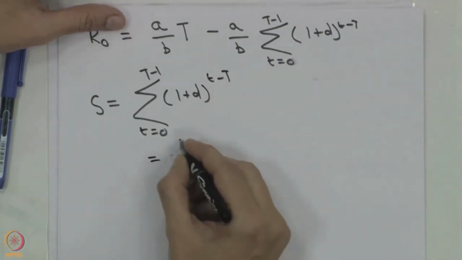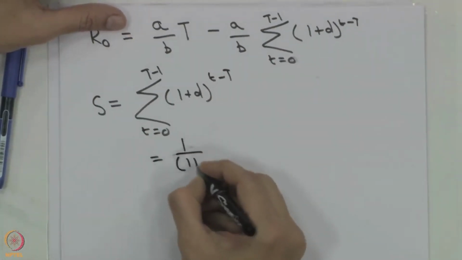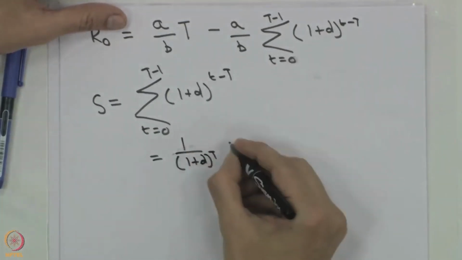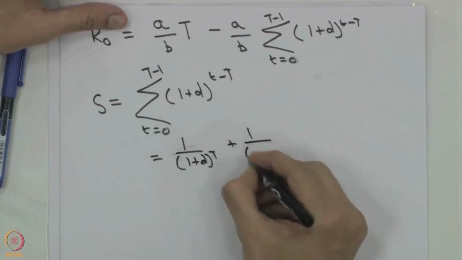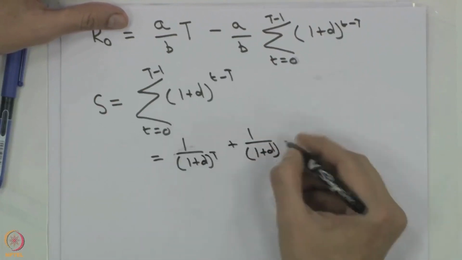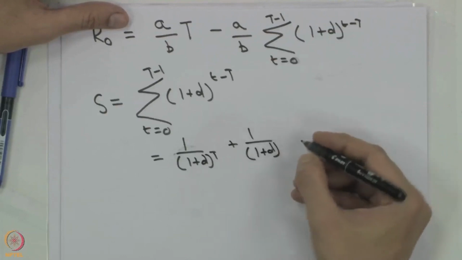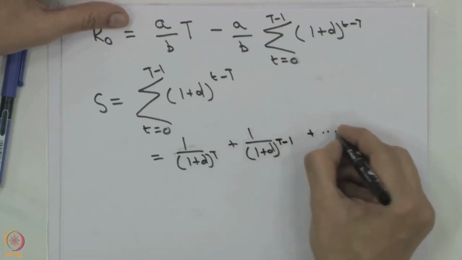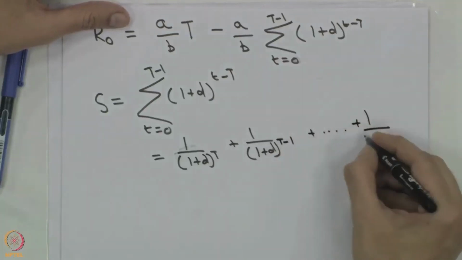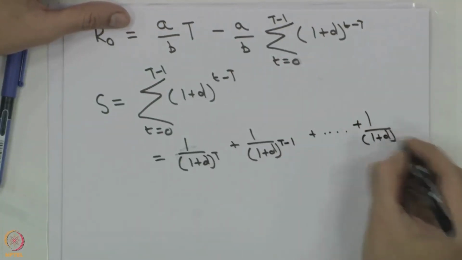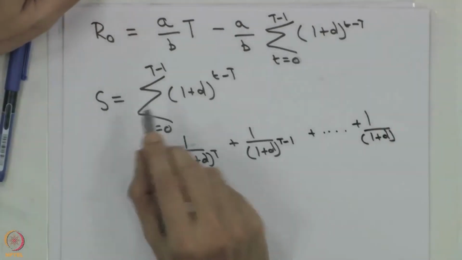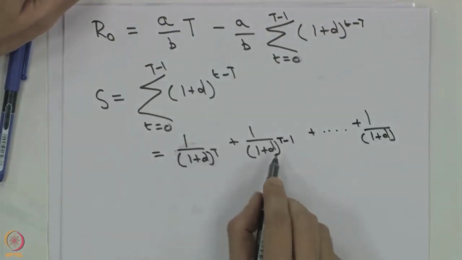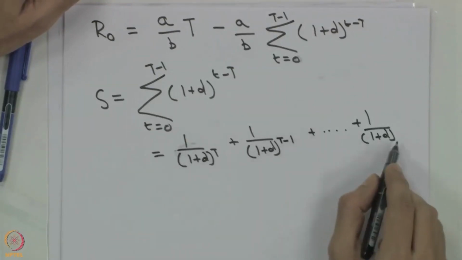For t equal to 0, this will become 1 plus d raised to minus T, that is capital T. Then it will be 1 plus d raised to minus T plus 1, and so on, till you get 1 plus d. There are T terms, and you can see that it goes 1 plus d raised to 0, 1 plus d raised to T minus 1, T minus 2, and so on, till 1 plus d.